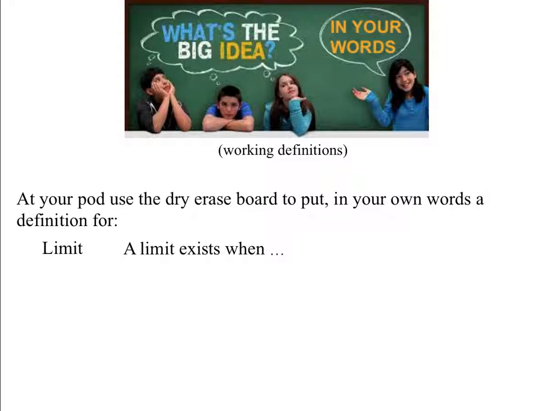We talked about when a limit exists. What can a limit be? It's got to be a y value. It can be a numeric value, a number. It can be an infinite value, which we can call infinity, or we can say it doesn't exist since infinity is not finite.